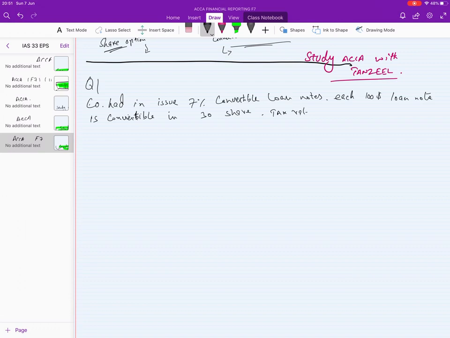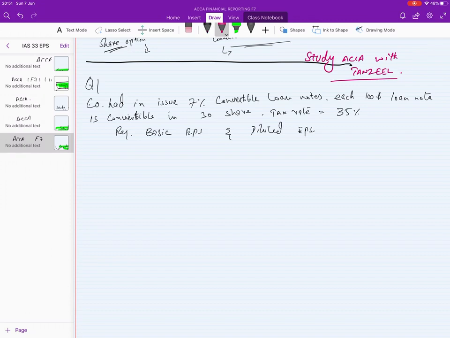Tax rate is 35%. Requirement: basic EPS and diluted EPS.